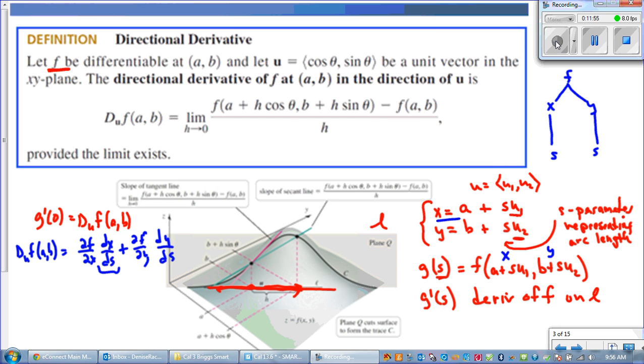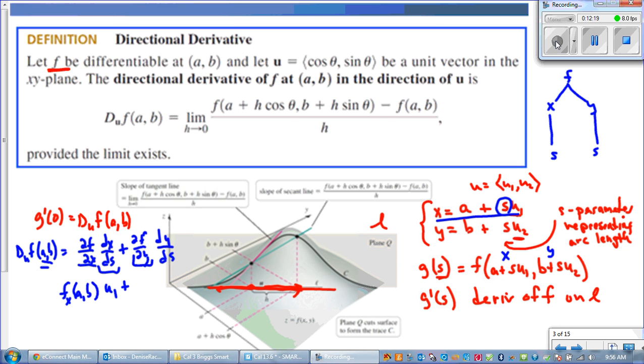You come over here, take the derivative of X with respect to the variable S, you'll get U1. Now this partial of F with respect to X could be written as the partial with respect to X at AB, since I'm just using a specific point.